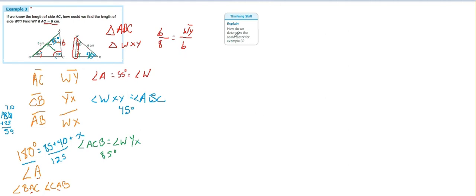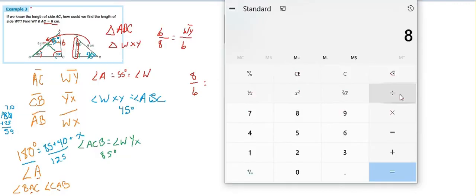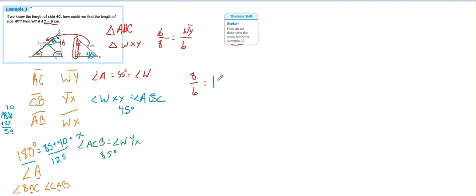Now, how do we determine scale factor for this example if we wanted to do that? You would just take from 6 to 8 or from 8 to 6 and divide, right? So if we want to go from 6 to 8, we could take 8 divided by 6, and that tells me what the multiplier is, the factor. 8 divided by 6 tells me if I multiply by 1 1/3, I get to the big one.